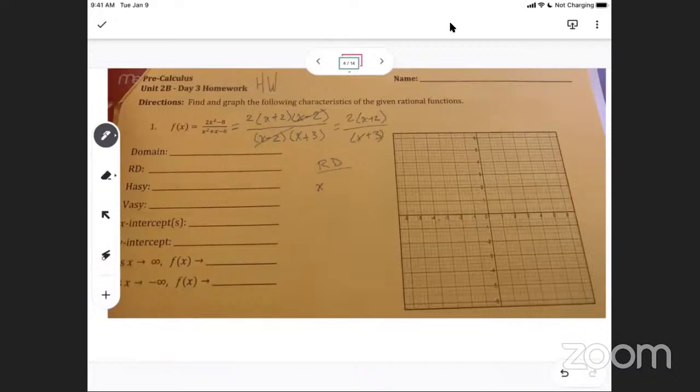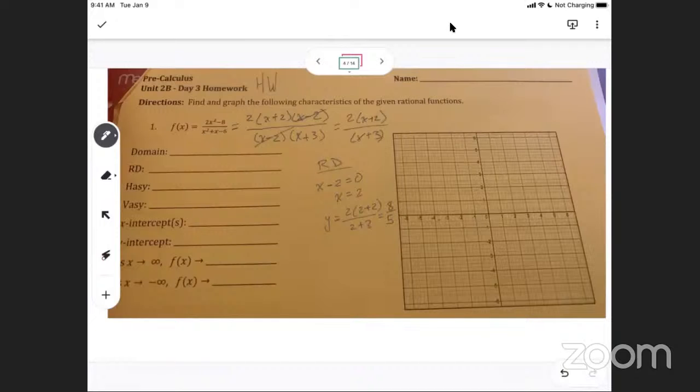So what is your removable discontinuity? What's your hole going to be at? x equals 2. Good. And then what's the y coordinate going to be? 2 times 2 plus 2 all over 2 plus 3, which is 4 times 2, which is 8 over 5.